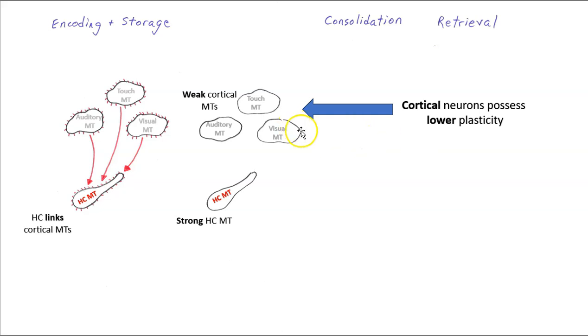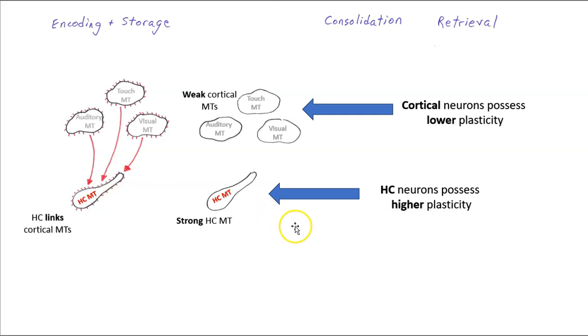So if cortical neurons have low plasticity, then this one learning event will leave us with relatively weak memory traces. By contrast, the hippocampal neurons have high plasticity, and so we get a strong memory trace. And we're just showing that by not very vibrant colors up here for the cortical memory traces, and then a vibrant hippocampal memory trace, a strong hippocampal memory trace.